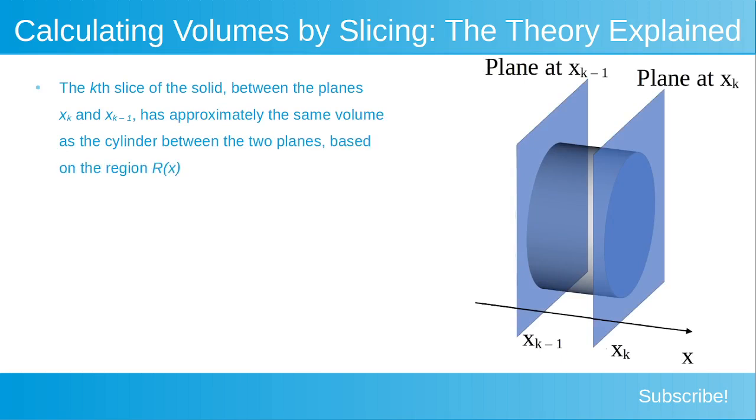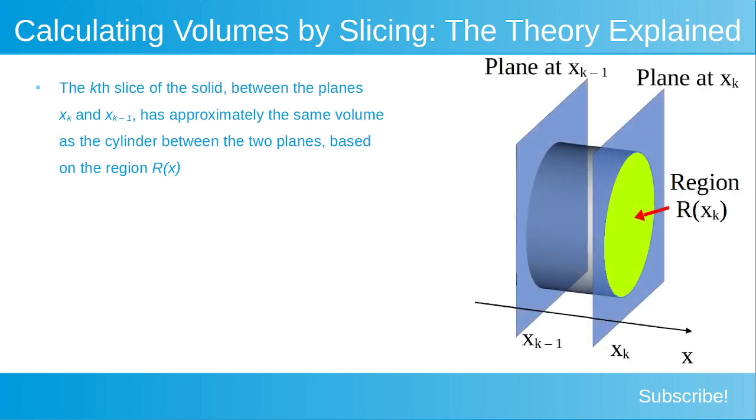The kth slice of the solid between the planes x subscript k and x subscript k minus 1 has approximately the same volume as the cylinder between the two planes based on the region R of x. The area of the region R of x is given by the area function A of x.